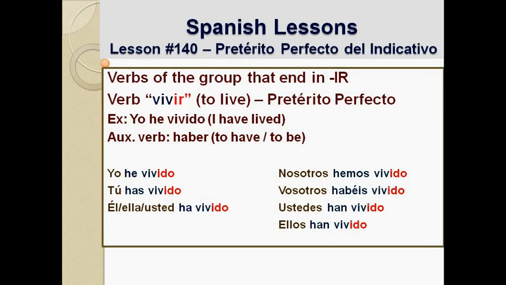So note how vosotros and ustedes, although they mean the same thing, one is used in Spain, the other one is used in Latin America. However, their conjugation changes, and ustedes always conjugates the same as ellos, okay, as they.